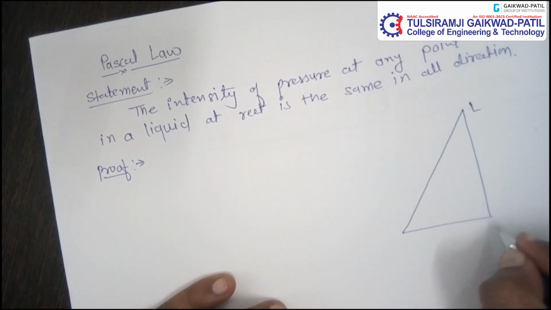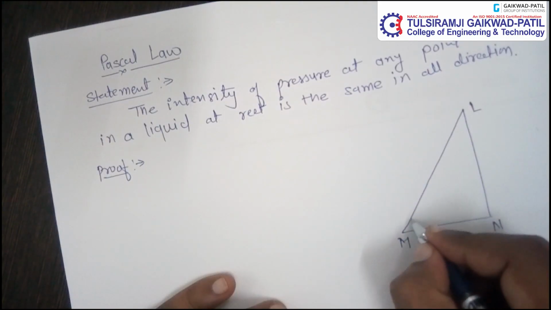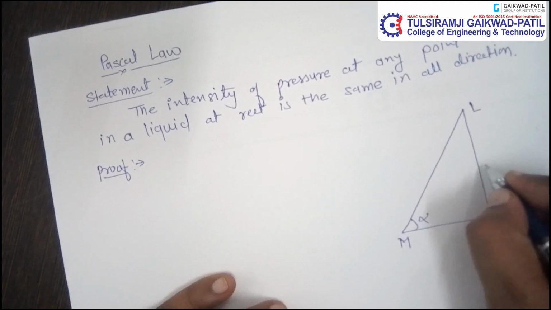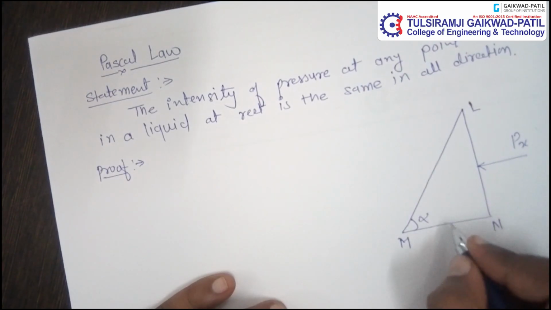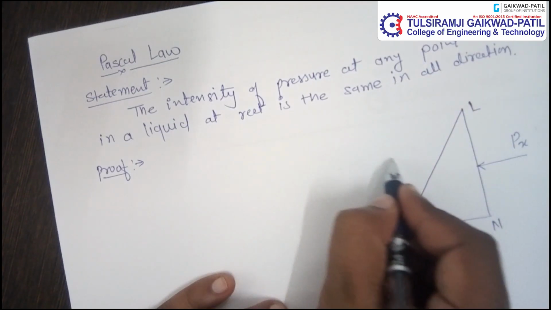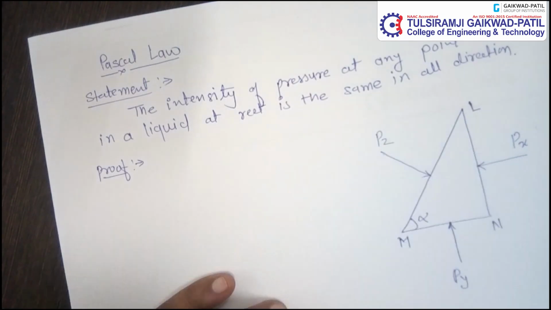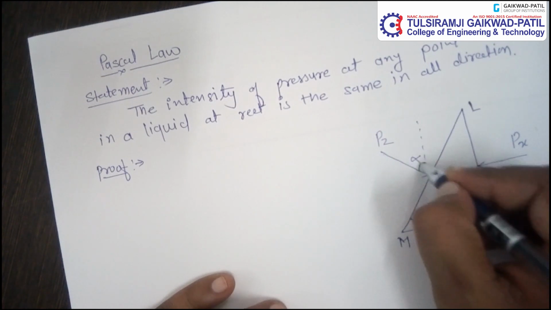We'll give the name as LMN, and the angle is considered as alpha. So this is the intensity of the pressure which is acting in x direction. This is the intensity of the pressure which is acting in y direction, and this is the intensity of the pressure which is acting in z direction.